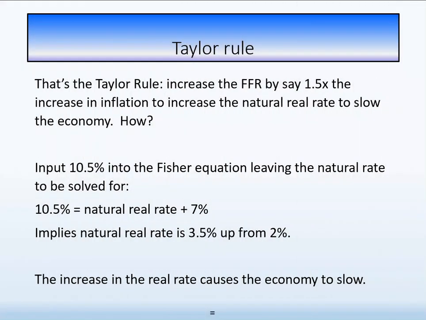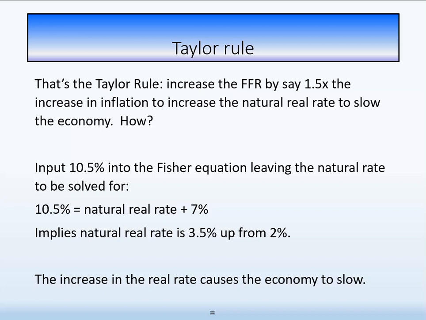That's the Taylor rule. The Taylor rule says that whatever the inflation rate increases, you multiply it by 1.5, and that's the increase in the Fed funds rate. And so you might ask, well, what do you mean? How does the Fed funds rate increase with respect to the Fisher equation?